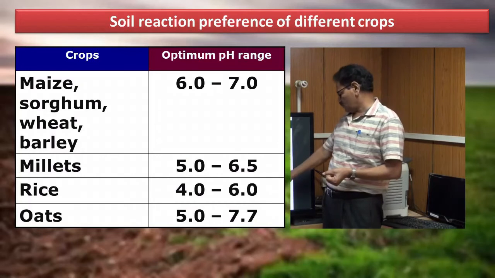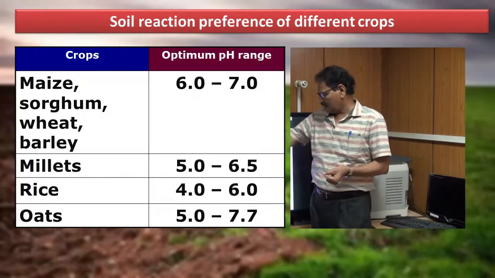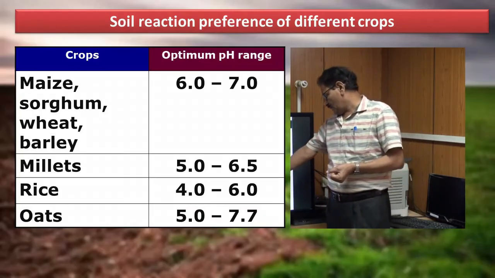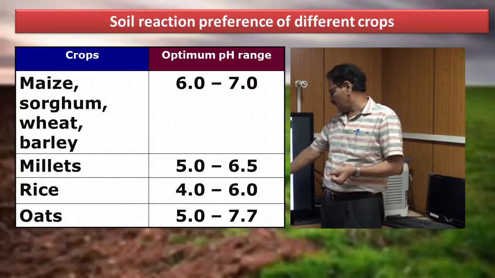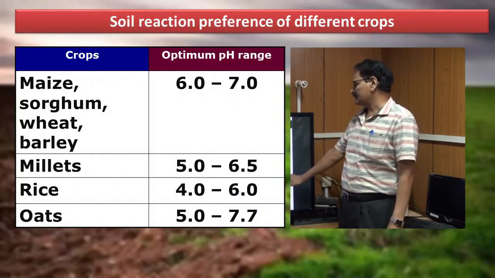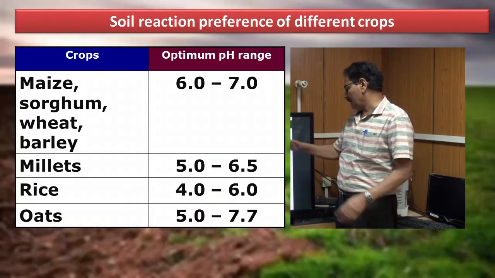Now, soil reaction preferred for different crops. This is the soil pH range, and these are some crops. You can see oats can be grown successfully from 5 to 7.7 pH, just like maize, sorghum, wheat, barley.